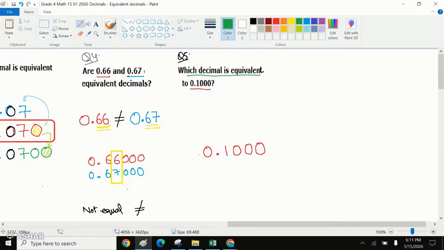So what we can do is either we can add 1 zero to it, right? We increase it by 1 zero, they still are equivalent. Or what we can do is we reduce it by 1 zero. Okay, so if we reduce it, then this becomes 0.1. This was 3 zeros, we simply write 2 zeros. They still are equal.